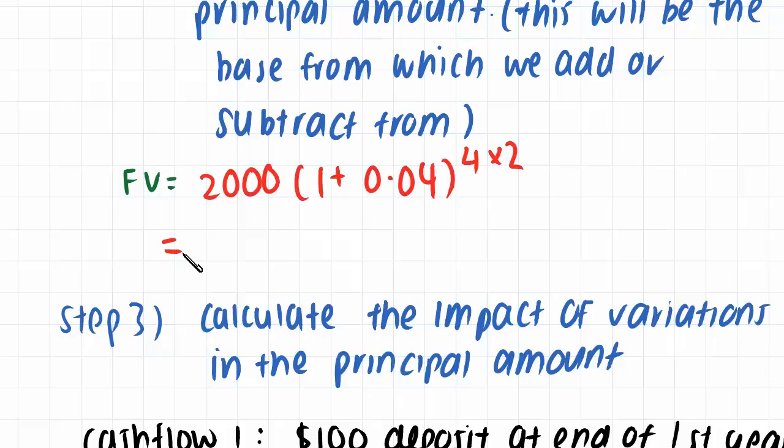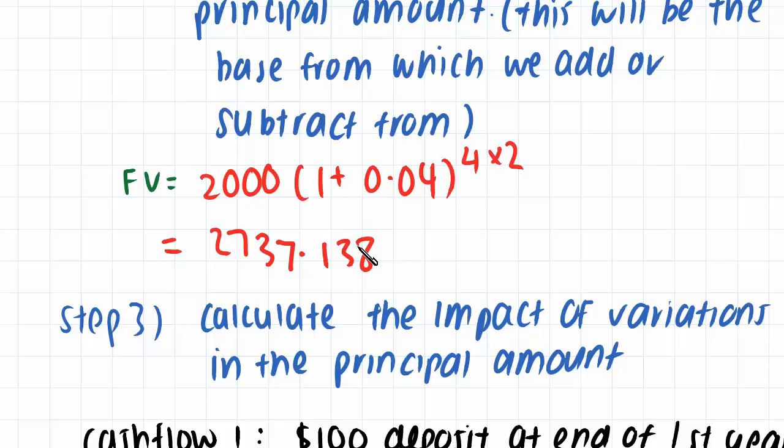That should give us a value of $2,737 and about 14 cents, okay? So that's what the principal amount would be worth in 4 years' time.